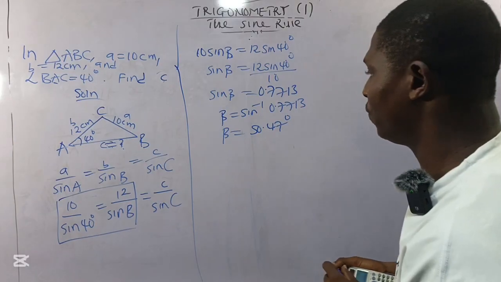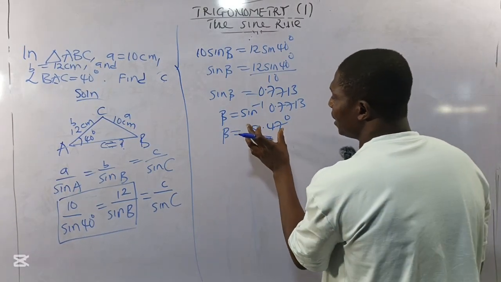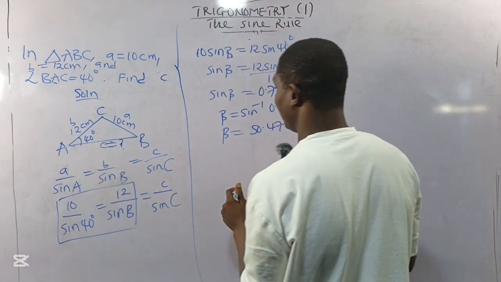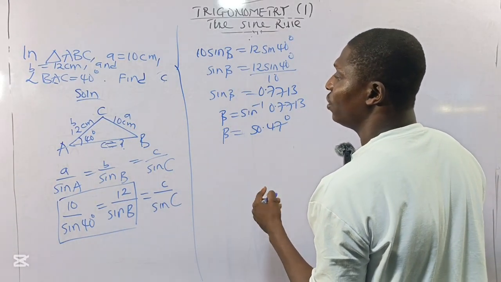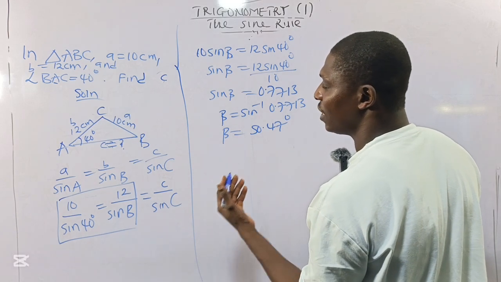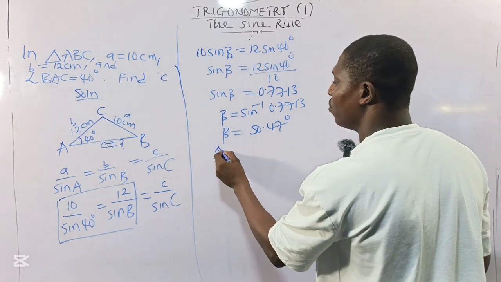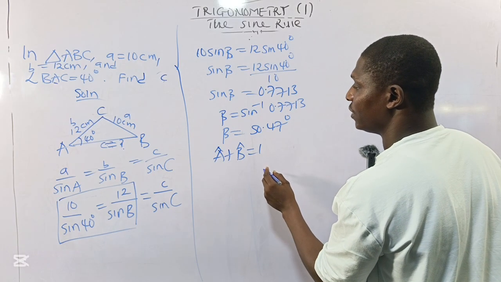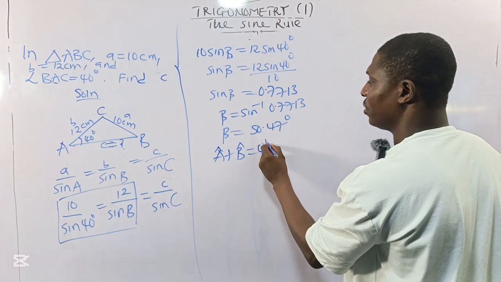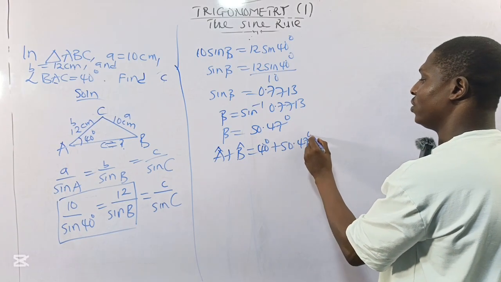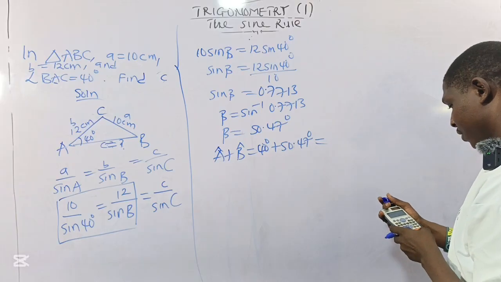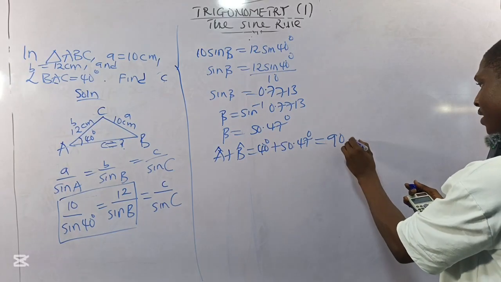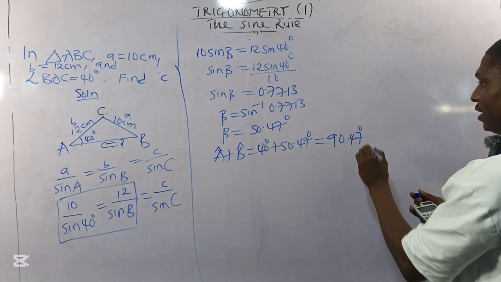But if you observe, if I still say 50.47 degree plus my 40 degree, I will still have a value that is far less than 180 degree. Check. Angle A plus angle B is equals to what? 40 degree plus 50.47 degree, which is equals to 90.47 degree.